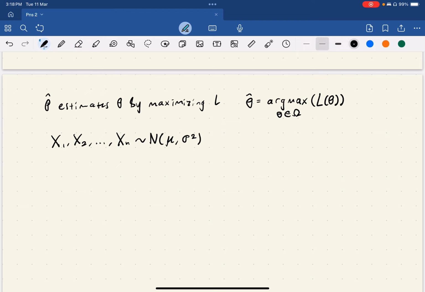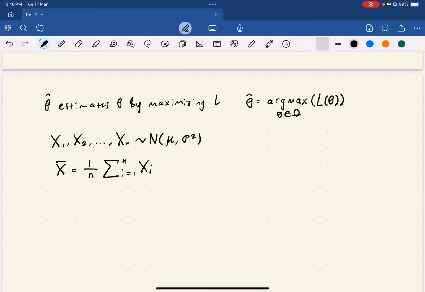As we know earlier, if we want to find the sample mean, that would be x bar equals 1 over n times the sum of xi, i from 1 to n.